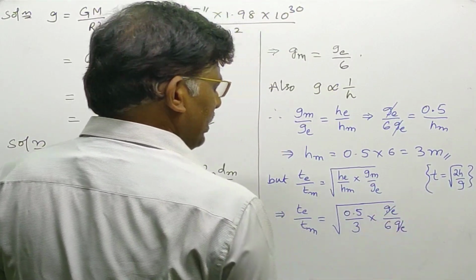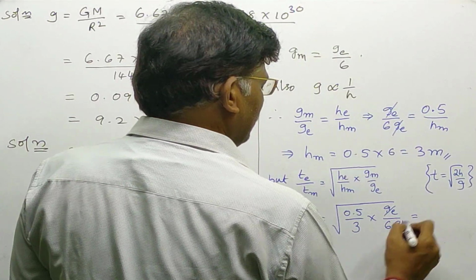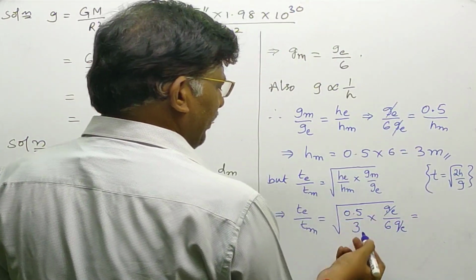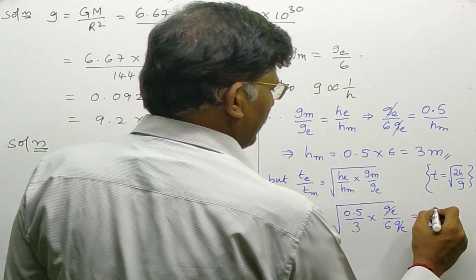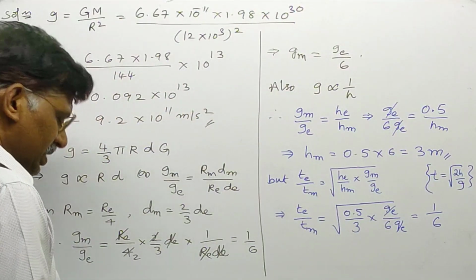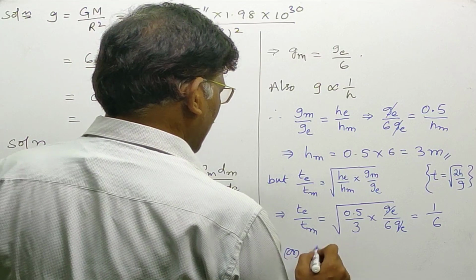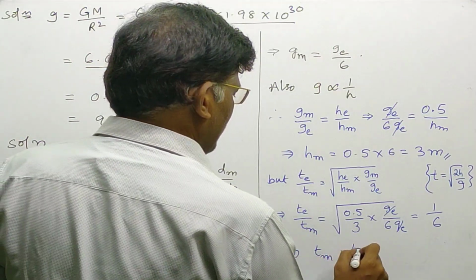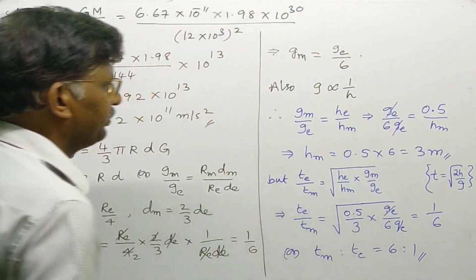So gE cancels here, that is equal to 0.5 is 1 by 2, so 1 by 2 into 6, that is 1 by 6 into 6, 36, under root of 36 is 6, so 1 is to 6, or TM is to TE is equal to 6 is to 1.